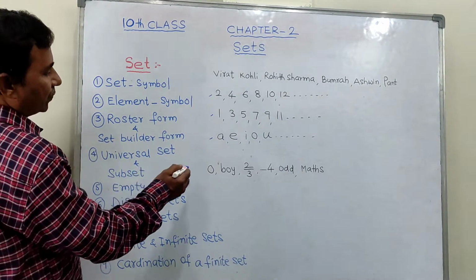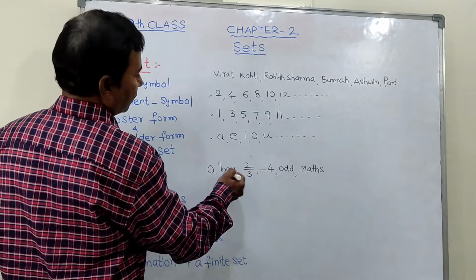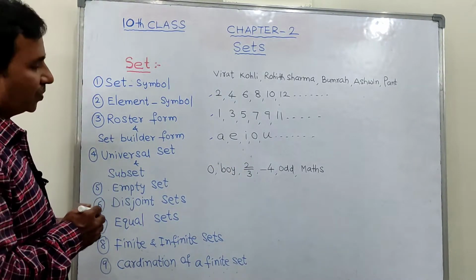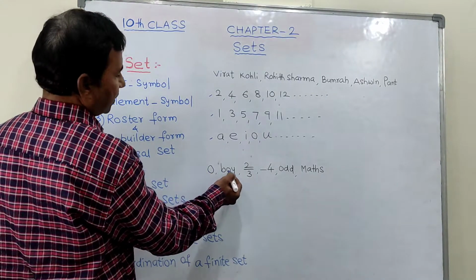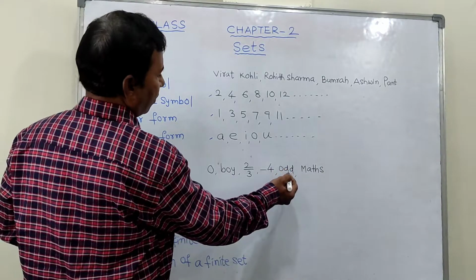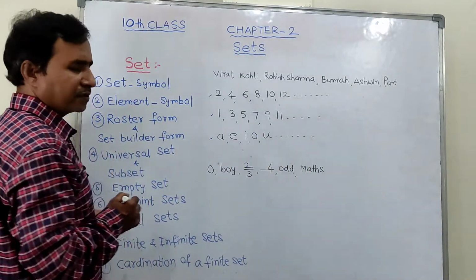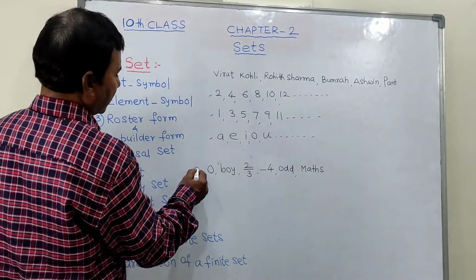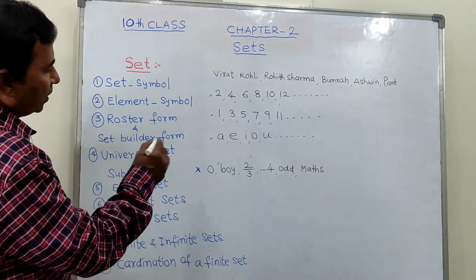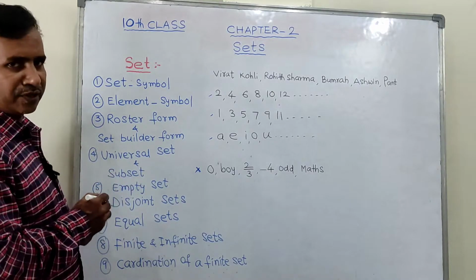But in the last one, there is no relation of each to the other. Here 0 is there, boy is there, a fraction is there, -4 is there, odd is given, mass is given. So there is no common property between one and the other.